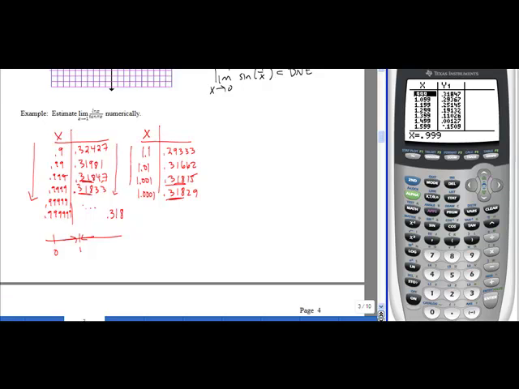So as x gets closer to 1 from above, these y's are also going to approximately 0.318. So we could say with some confidence that as x goes to 1, the limit of ln of x over the tangent of pi x is approximately 0.318.